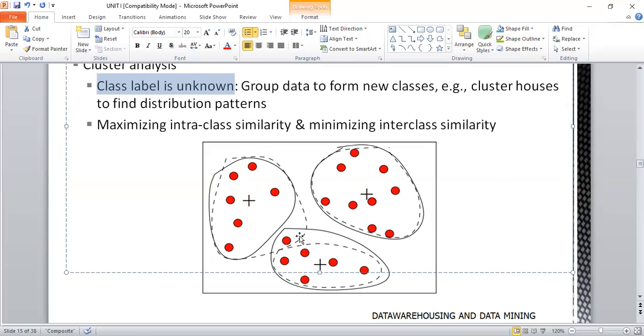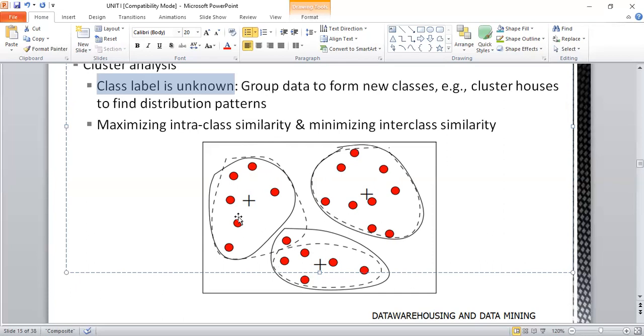Now I start checking the customer location data one by one, whether this particular location is near to this center or that center. It is near to this one, so it is grouped with this one. A similar kind of example. In this way we have performed clustering. I hope you understood the point, what is the meaning of cluster analysis.